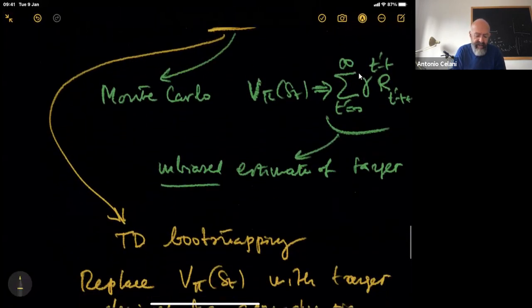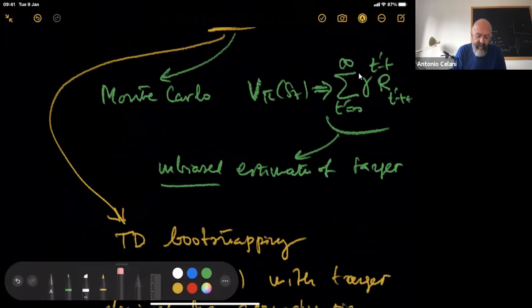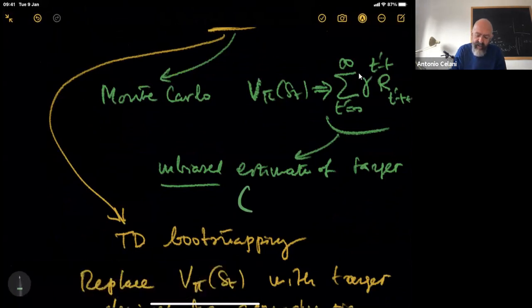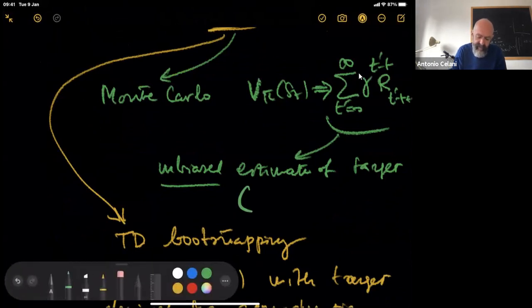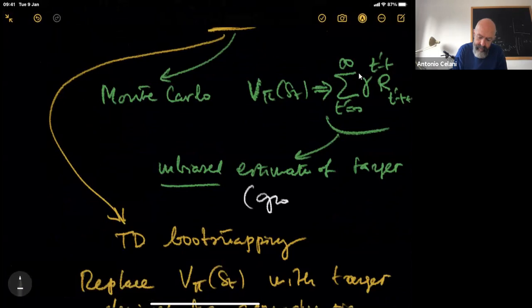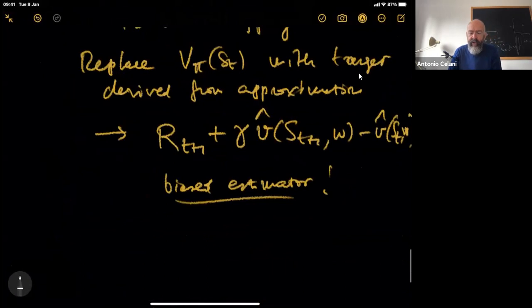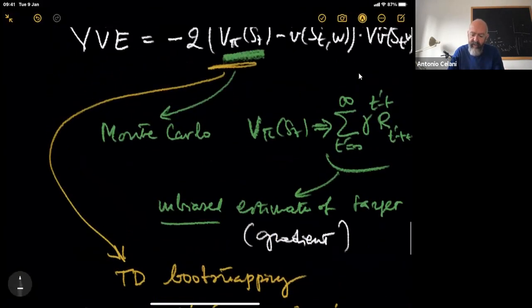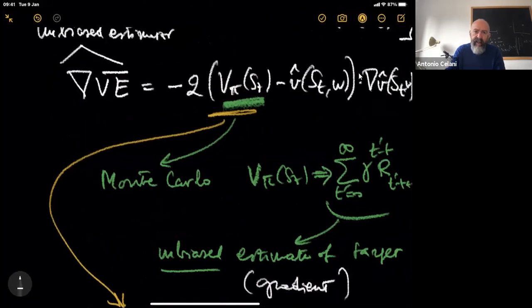So notice that while this approach is a true gradient method, in this approach we are breaking the structure of the gradient, because we are replacing our true prefactor in front of the gradient, this part here, with some approximation.